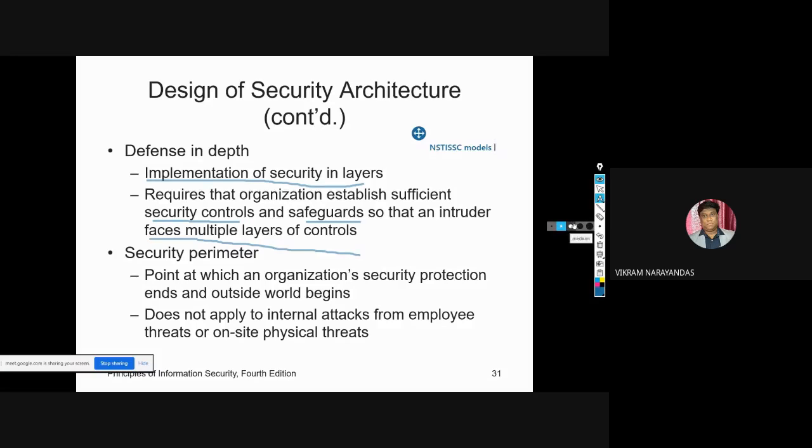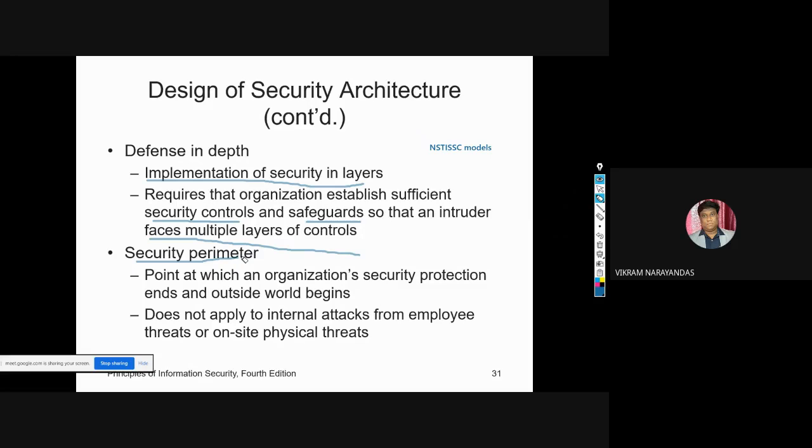Next, security perimeter. It is the point at which an organization's security protection ends and the outside world begins.